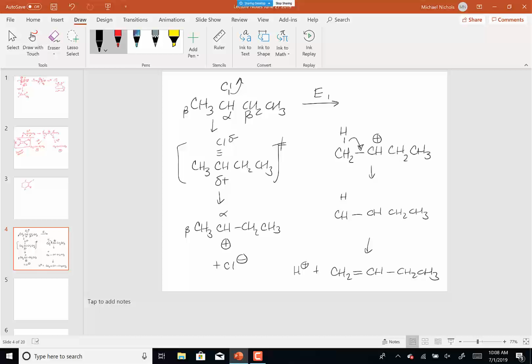So in this case, where should the dotted lines go? What bond is being broken and what bond is being made in this case? The H that's being lost is an H plus. That carbon-hydrogen bond is being broken, and so we should put a dotted line there. And then what bond's being formed?